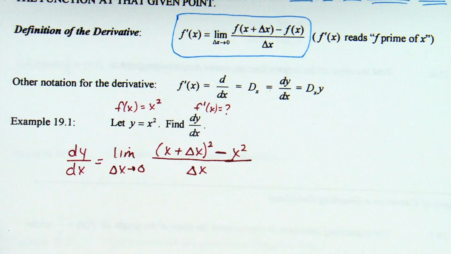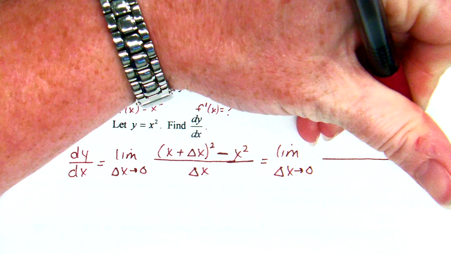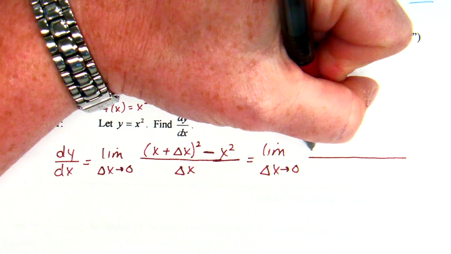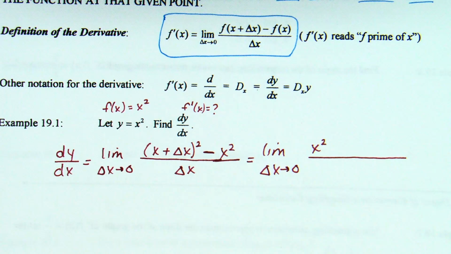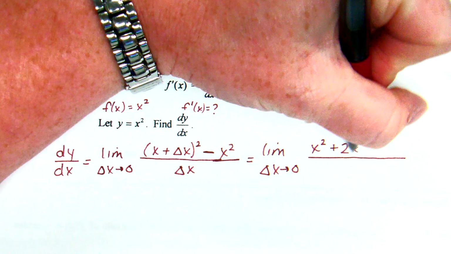Okay? Now, the steps are, we have to do some cleaning up here. So it's still the limit as delta x approaches 0 of, what do I need to do on top? FOIL. x times x is x squared. x times delta x, there's an x delta x plus another x delta x, so my outsides and insides are plus 2x delta x.